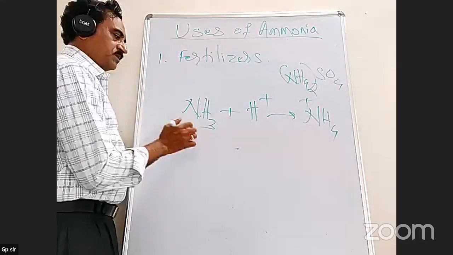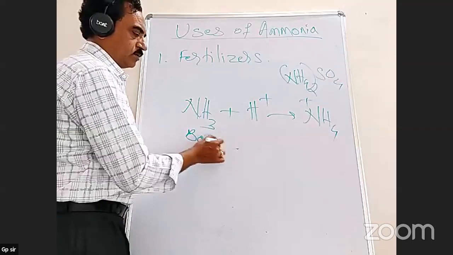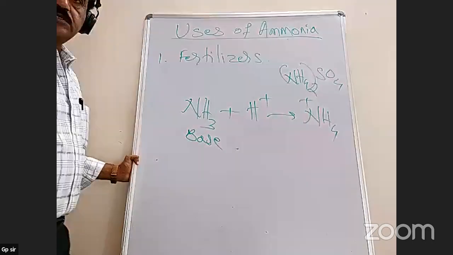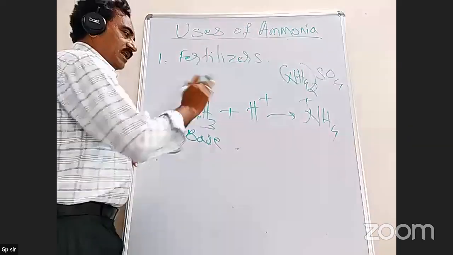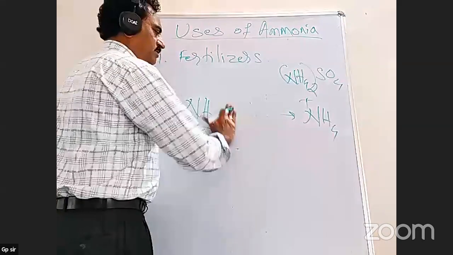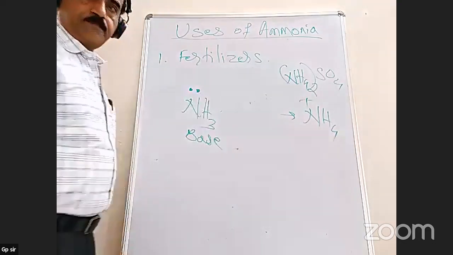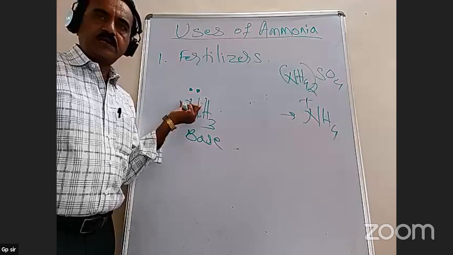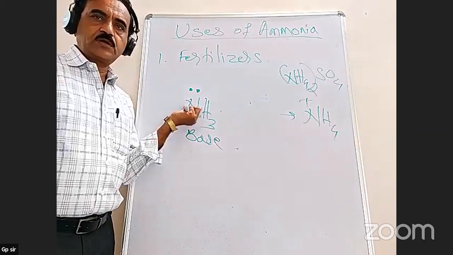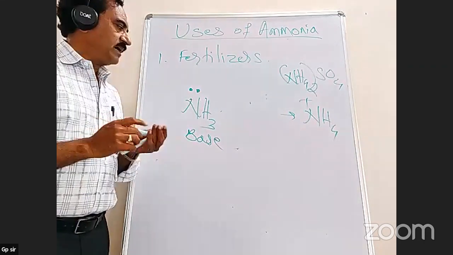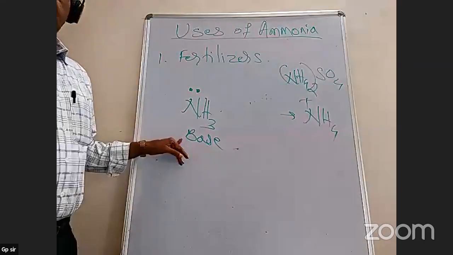Proton acceptors are bases according to the Bronsted concept. And it is a Lewis base because it contains a lone pair of electrons. It is an electron pair donor, and that is why it acts as a Lewis base.